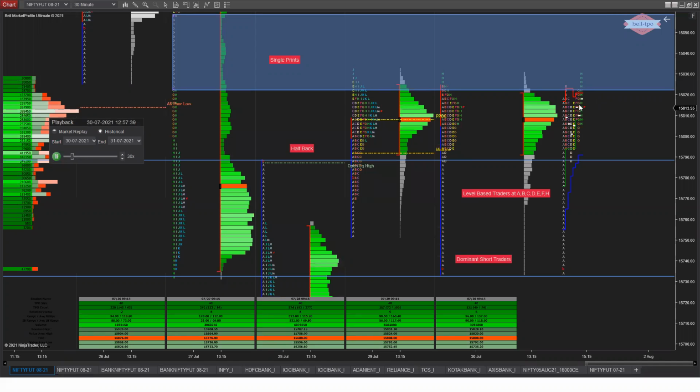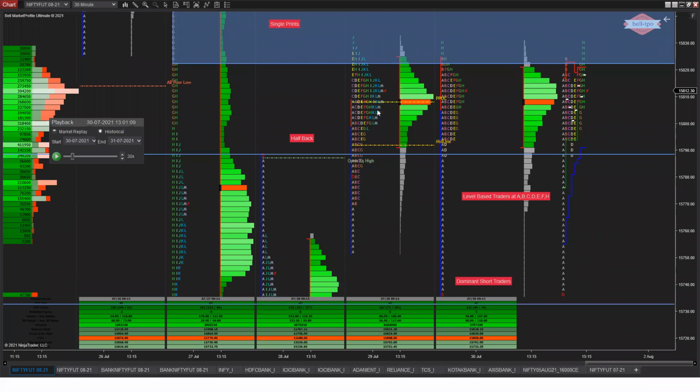When such kind of things are happening, you have to be a bit cautious because at times it might turn out to be a reversal. But wait, what happened is the H period went precisely, and when I say precisely, I'm just talking about exactly or 1 TPO difference. If I draw a line around the previous day high, somebody went exactly very close to that level and started selling.